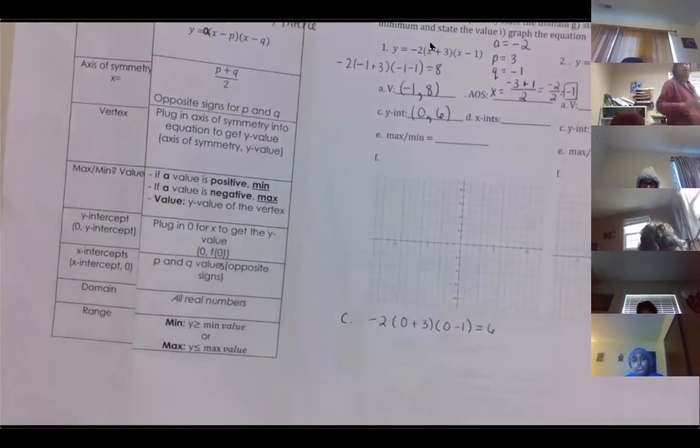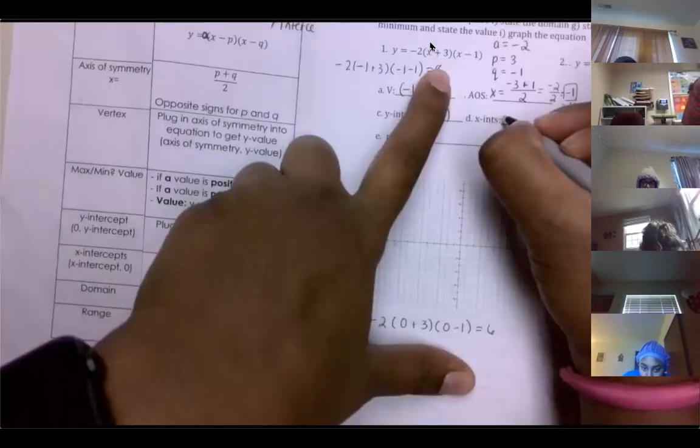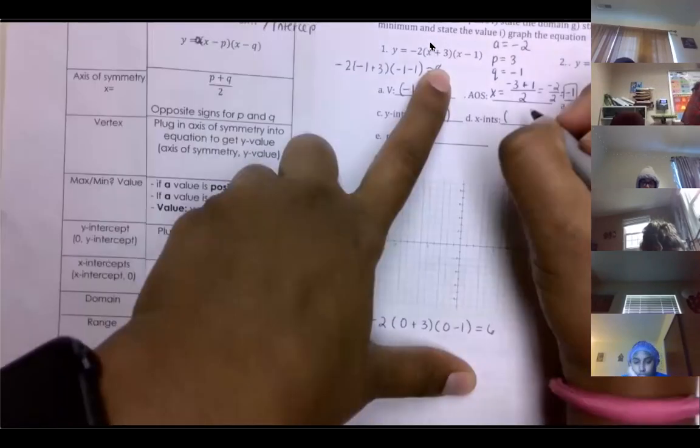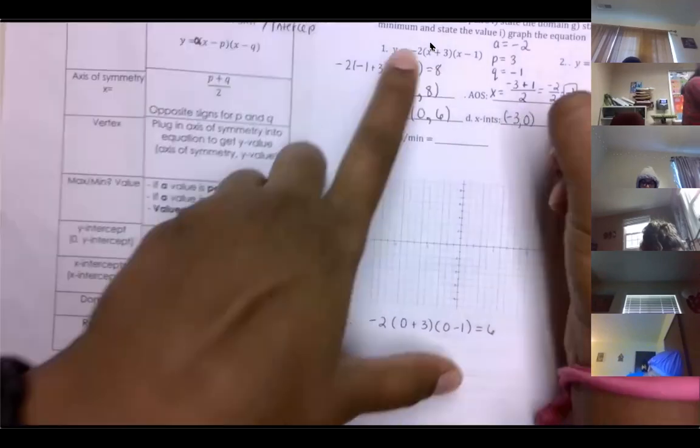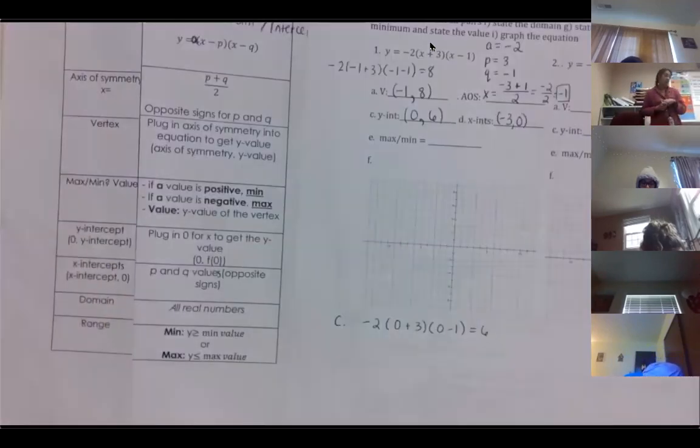We haven't talked about x-intercepts before, and you only really need to find the x-intercept if you're dealing with factored form. But to find the x-intercept, it's always going to be your p value, but the opposite. So the opposite of +3 is -3, and then the y value for that coordinate will always be 0.